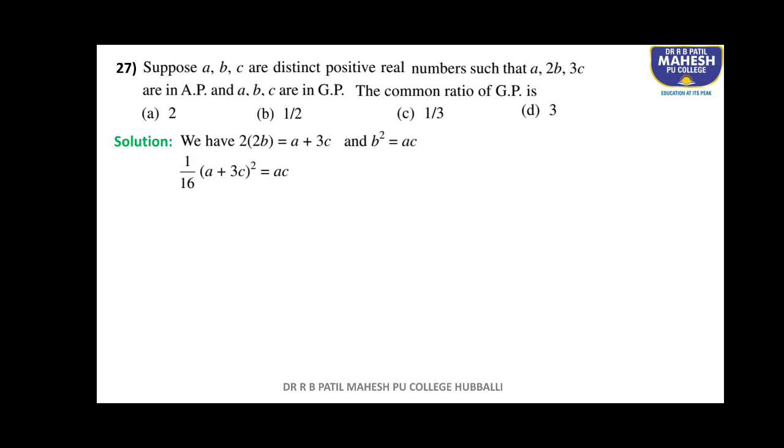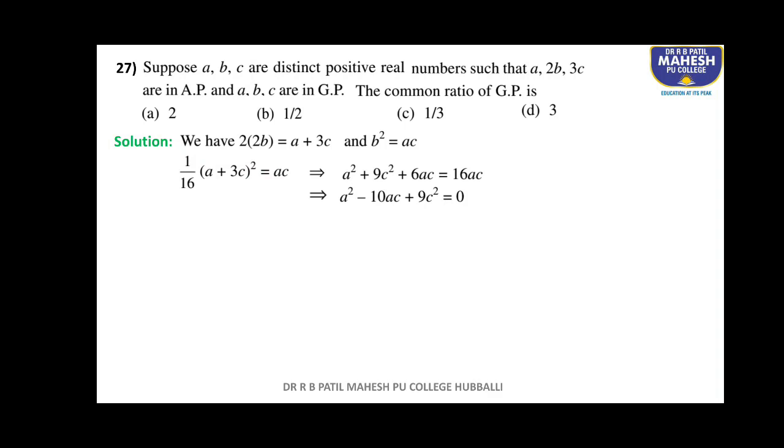Now we transfer the 16 to the right hand side. Therefore (a plus 3c) whole square can be written as a square plus 9c square plus 6ac is equal to 16ac. Now we transfer 16ac to the left hand side. Then we have the equation a square minus 10ac plus 9c square is equal to 0.